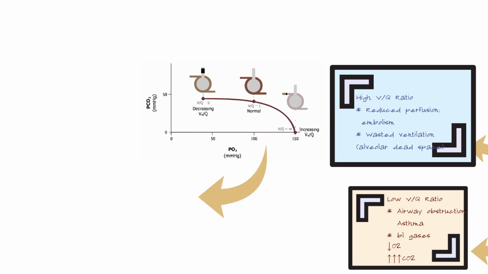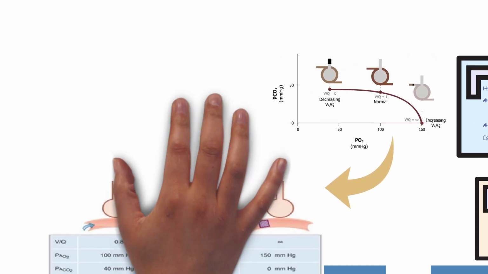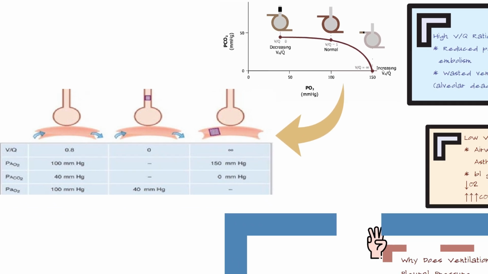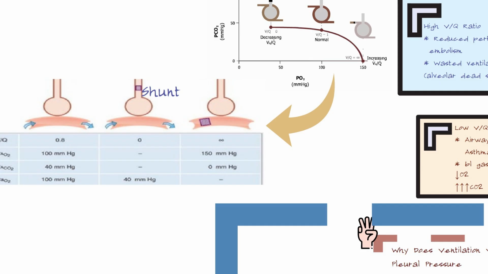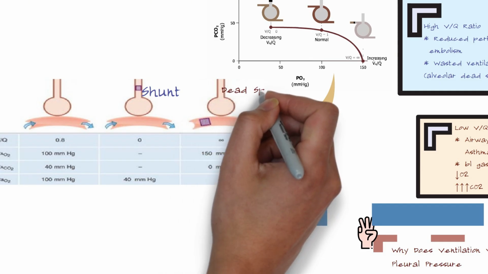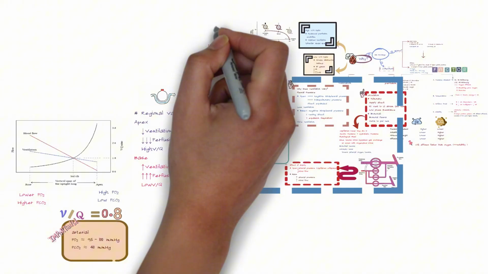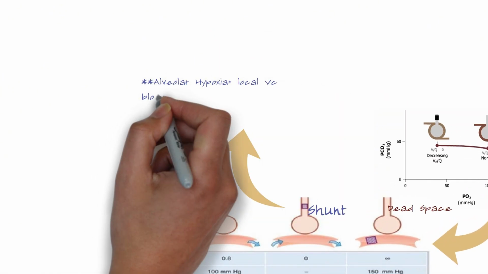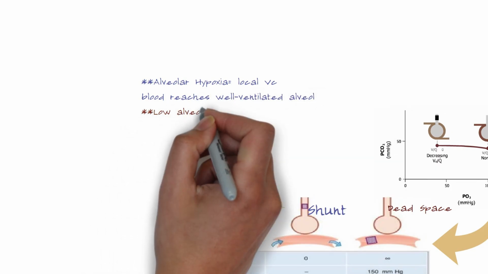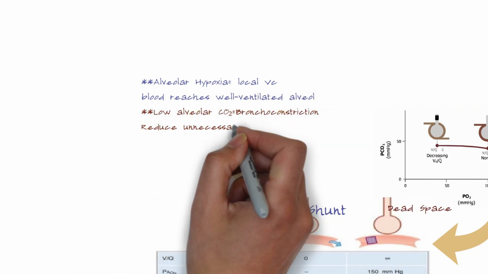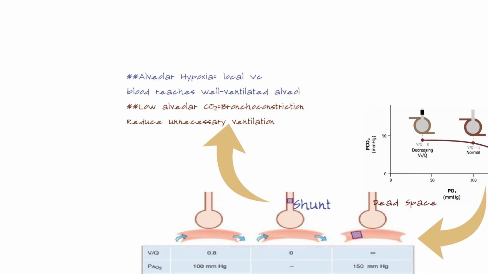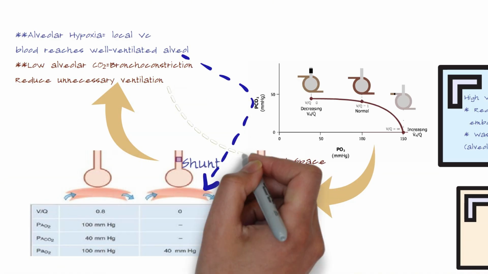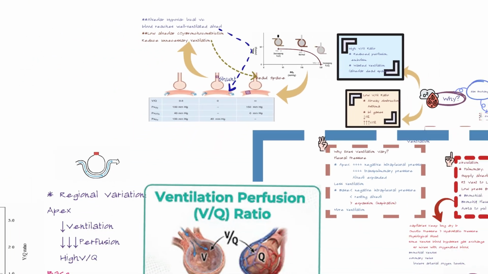Remember that the hypoxia with a low ventilation perfusion ratio will cause a local constriction of the blood vessels, and so we redistribute the blood to the ventilated alveoli, and the hypocapnia with the high ventilation perfusion ratio, or the alveolar dead space, will cause a bronchoconstriction to redistribute the air to the perfused alveoli.